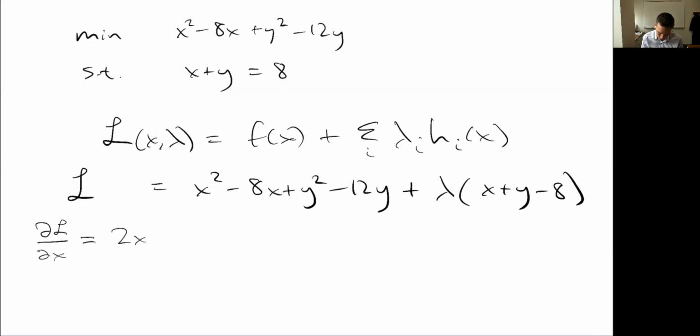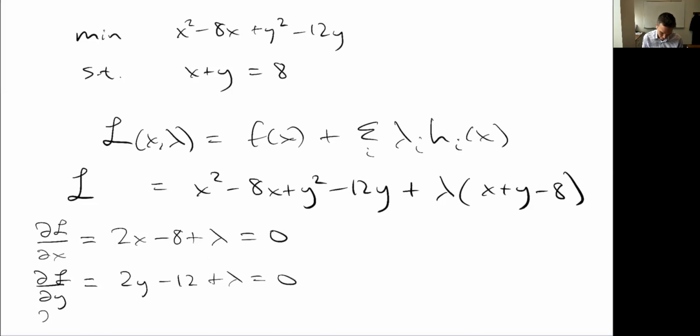It's going to give me 2x minus 8 plus lambda, and I set that equal to 0. I take the partial with respect to y, and that gives me 2y minus 12 plus lambda equals 0. And I take the partial with respect to lambda, and that gives me x plus y minus 8 equals 0.